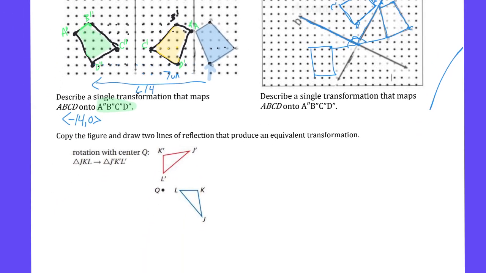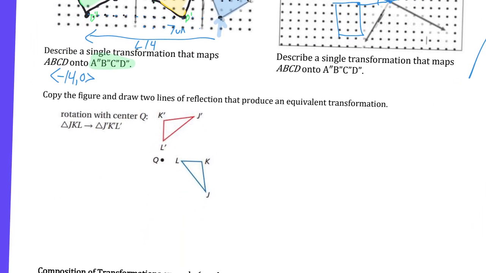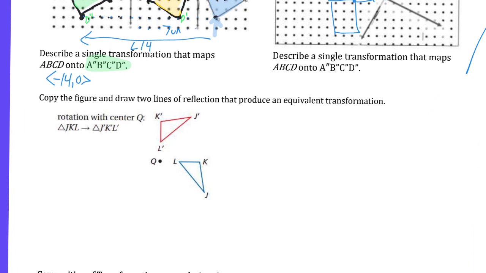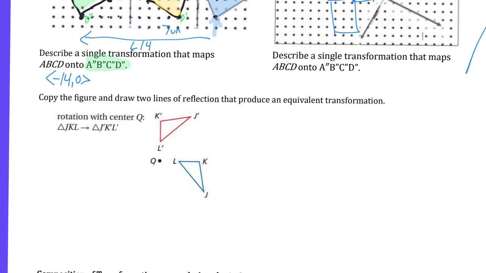Here's another example of, can you draw those lines? If this is our center of rotation, we know they need to intersect there. If you measure the angle between the lines, it should be half that size. That would be the degree between these. I'm just going to eyeball it a little bit.